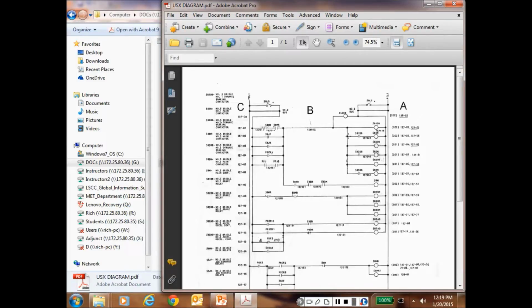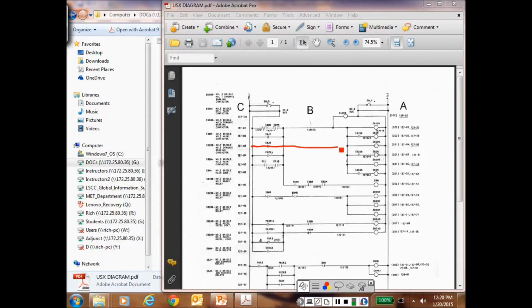If I take an imaginary line and move it from here over to there, those are the same line. You see that? Okay.